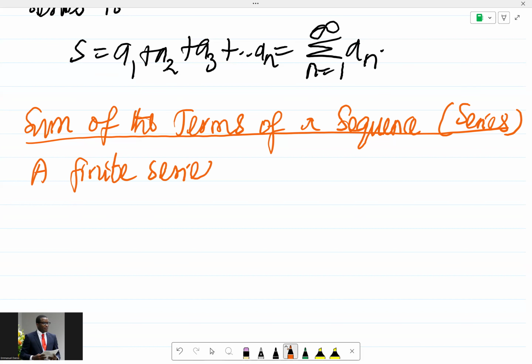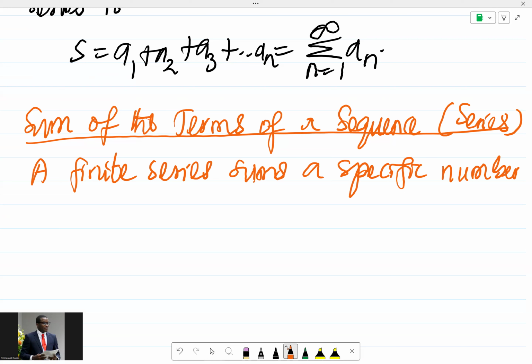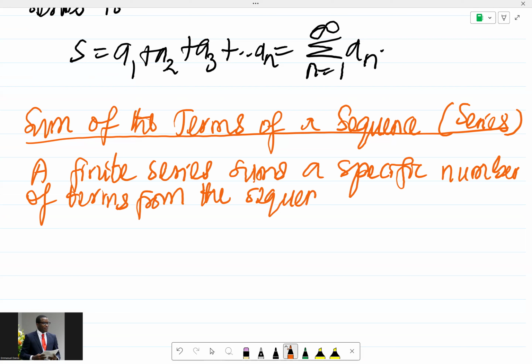A finite series sums a specific number of terms from the sequence. So if you have a sequence and you sum up a specific number of terms of that sequence, you have a finite series.